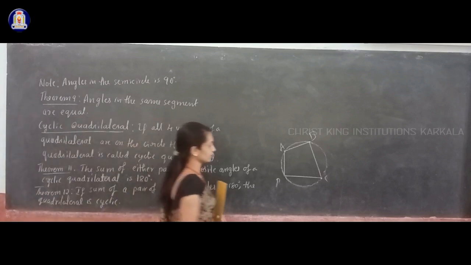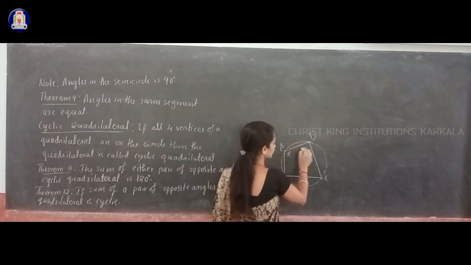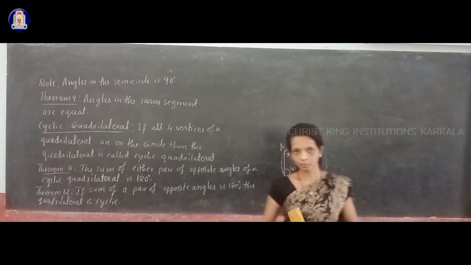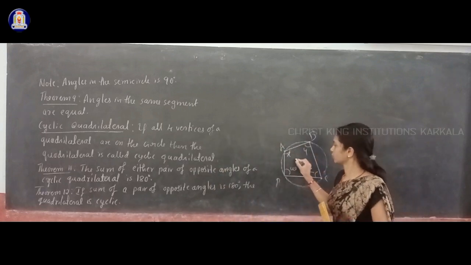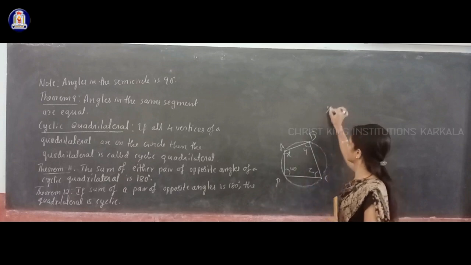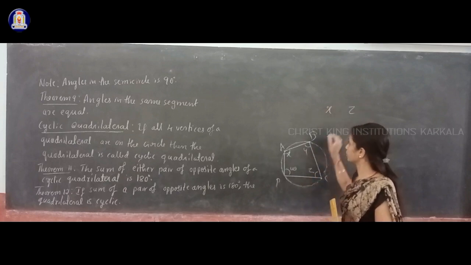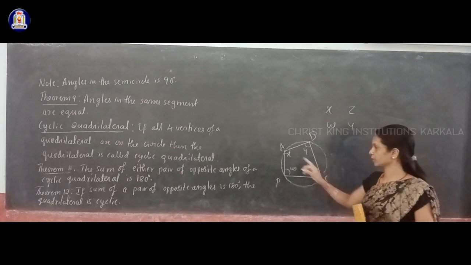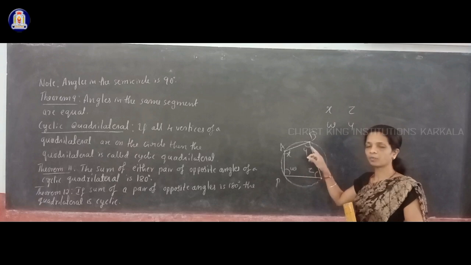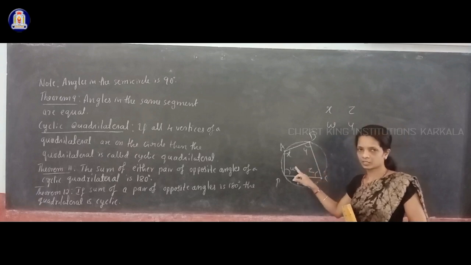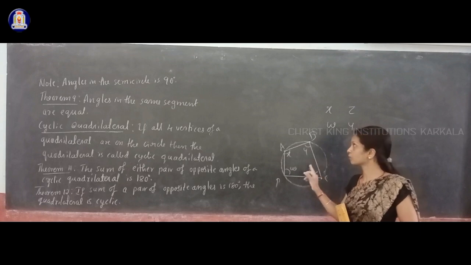If I take angle A as x, this as y, this as z, this as w, then x and z are opposite angles, and w and y are opposite angles. Okay, x with z, y with w. These are 2 pairs of opposite angles in this quadrilateral.